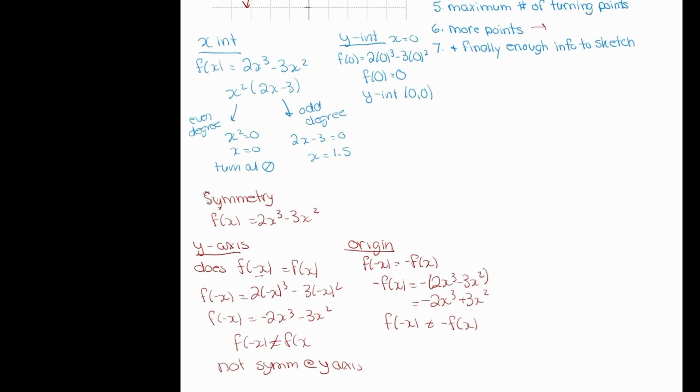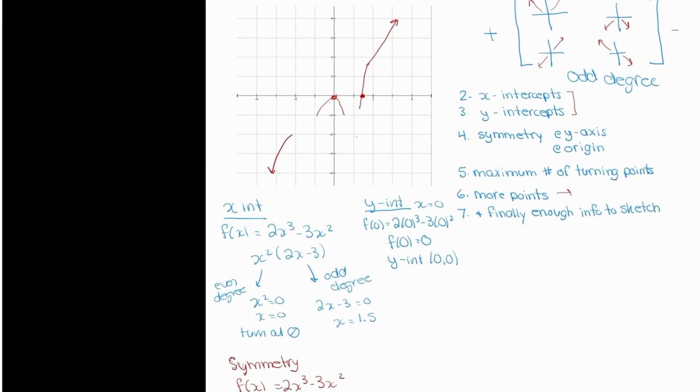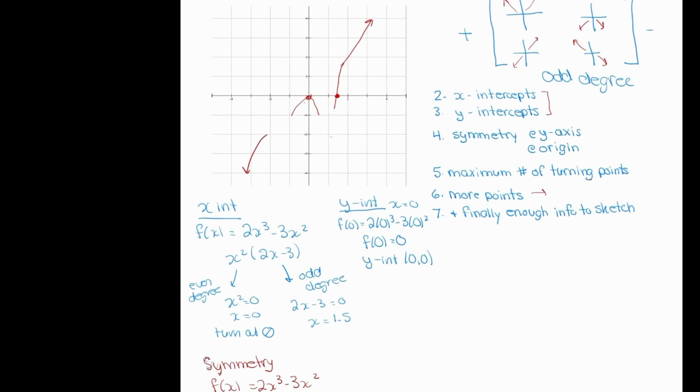Therefore, they are also not symmetrical around the origin. We kind of already knew that just looking at our graph, because something is happening over here that's making it not symmetrical around the origin.